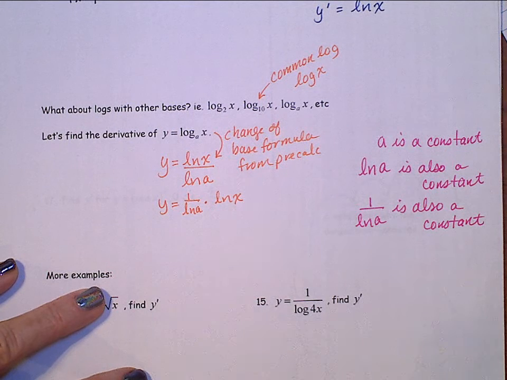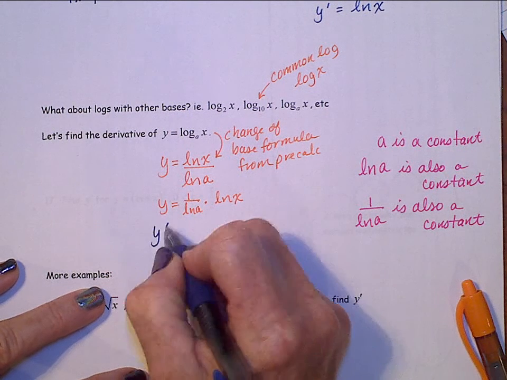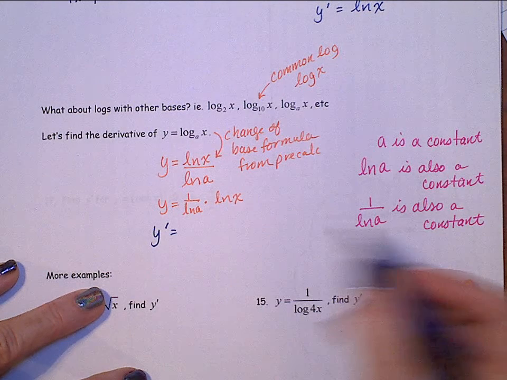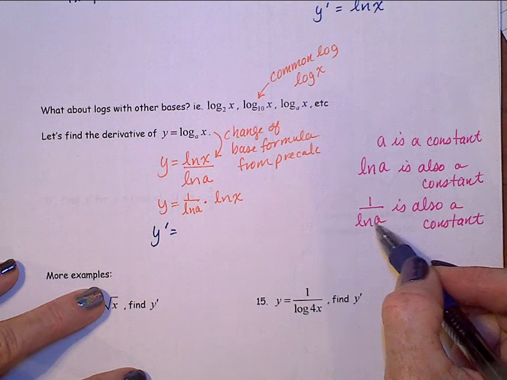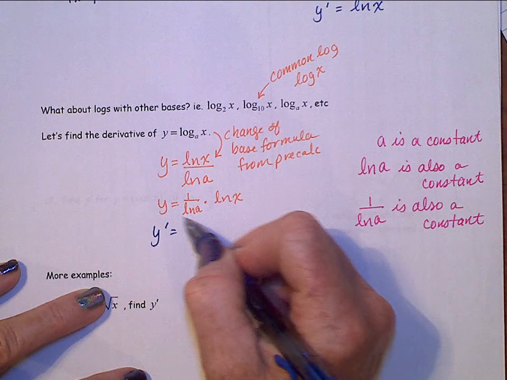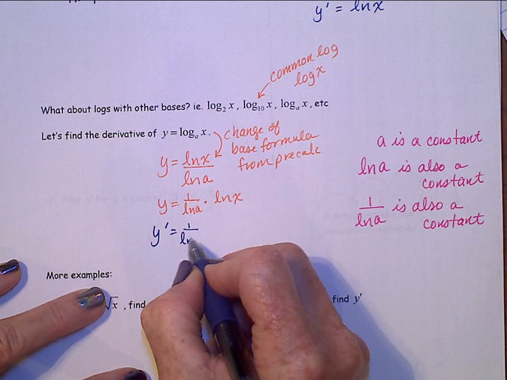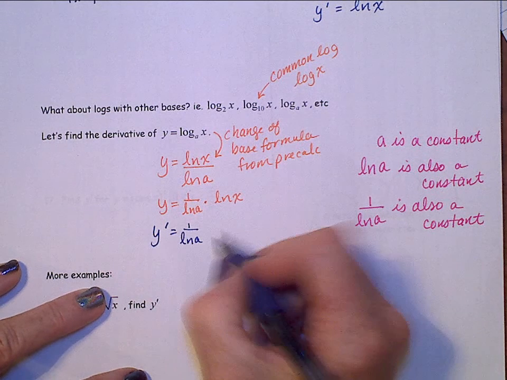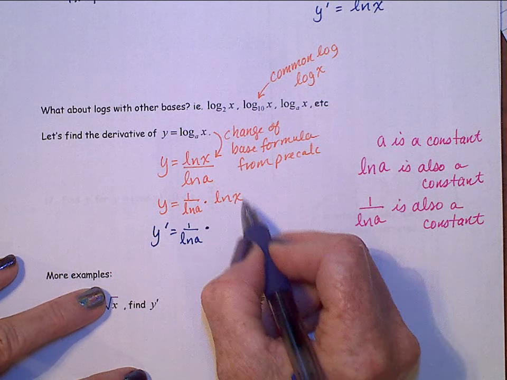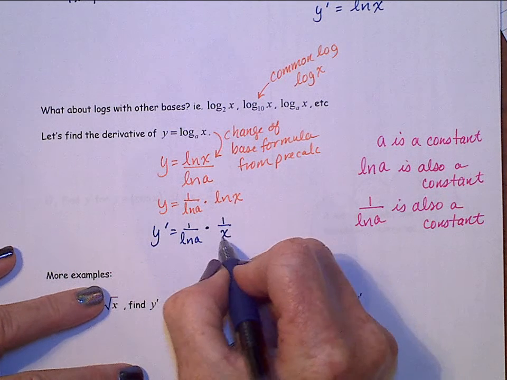Now do a derivative. y prime. And here's where this information comes into play. This 1 over ln a is a constant, so that just comes down. 1 over ln a times, now we need the derivative of the ln x, which is 1 over x.